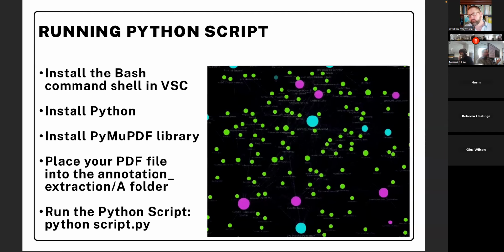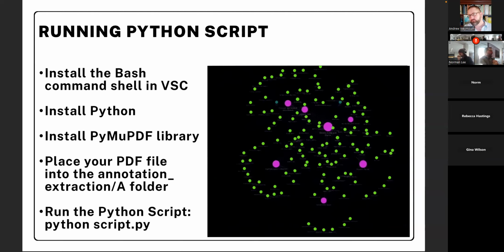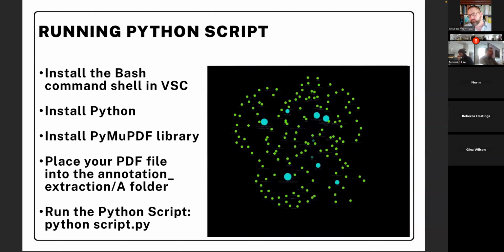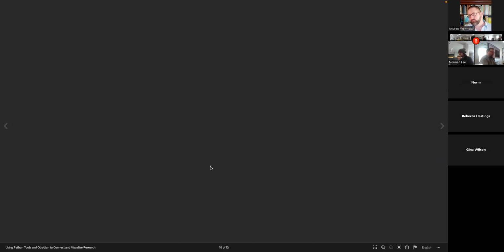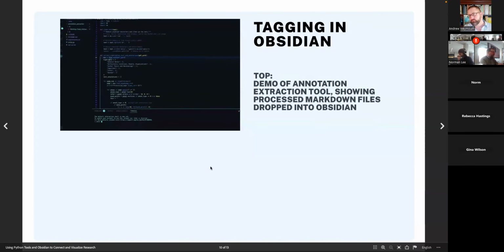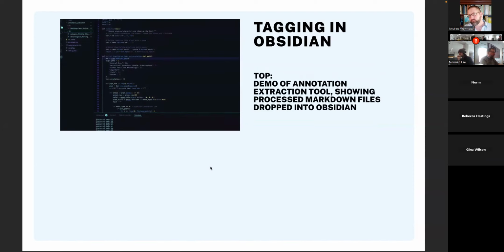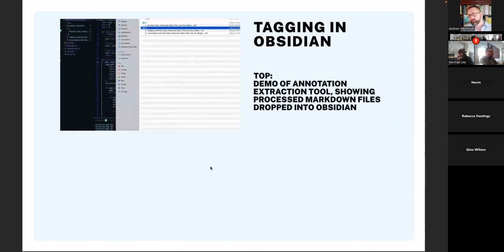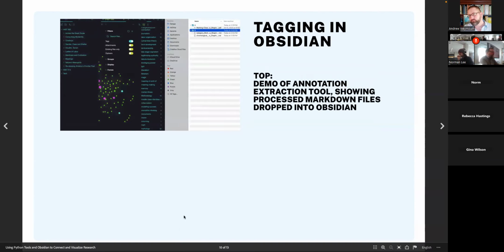And then you're going to run the Python script. And that's python script.py, which is the name of the Python file. And then after following these steps, your Python tool should run successfully, and you'll find the extracted highlights in the annotation B folder in two separate markdown files organized categorically and chronologically.